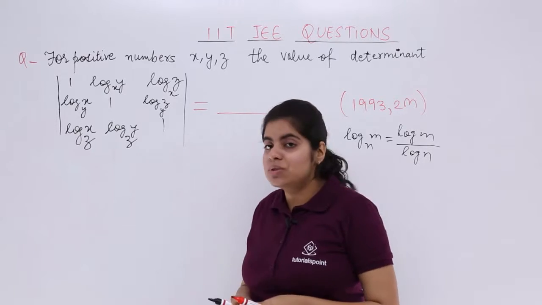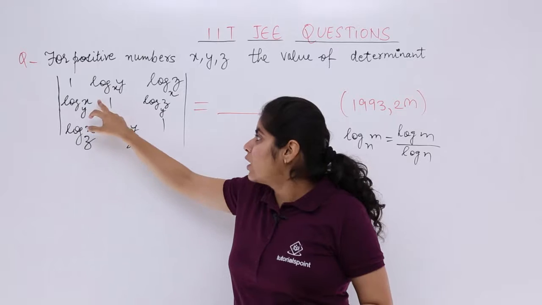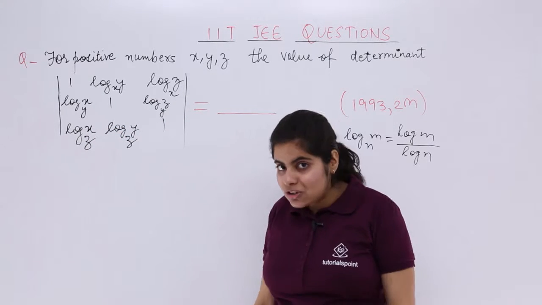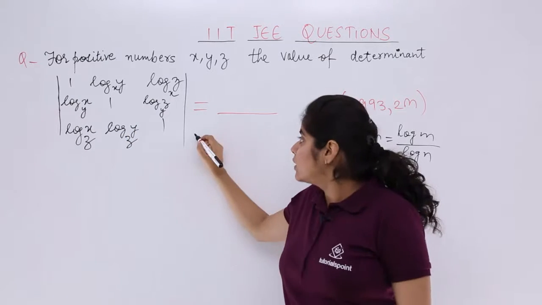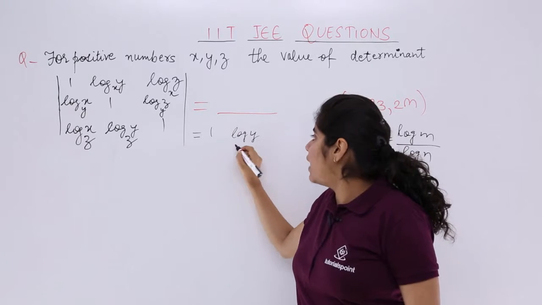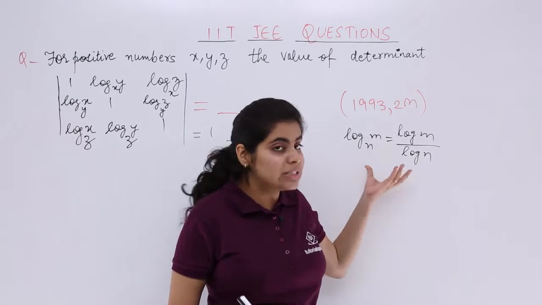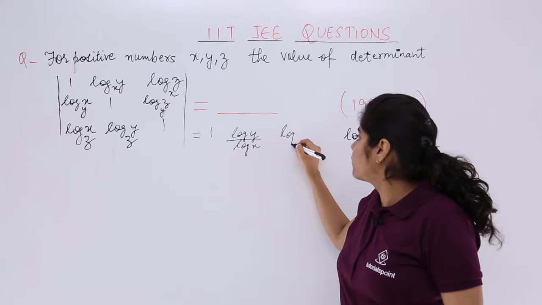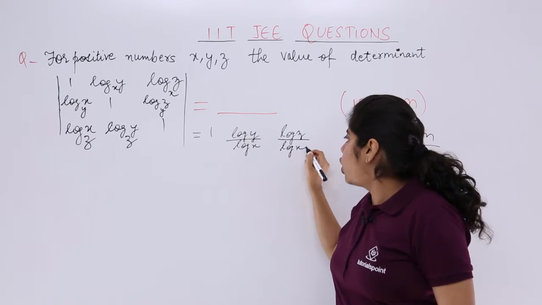Similarly, here if you see, it is log y to the base x, log z to the base x, log x to the base y, log z to the base y, and so on. So we can actually simplify this question a bit and modify it. This question becomes 1, log y upon log x following this same property, next log z upon log x.